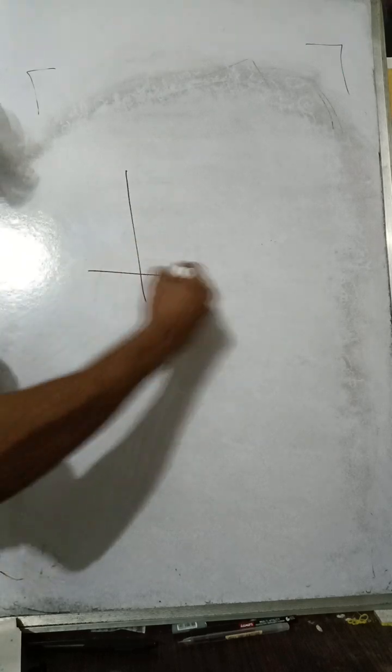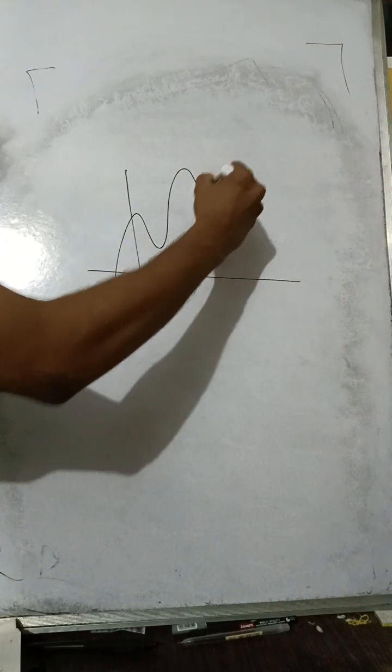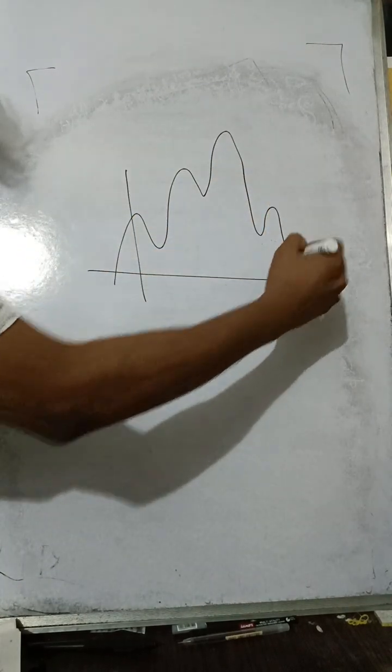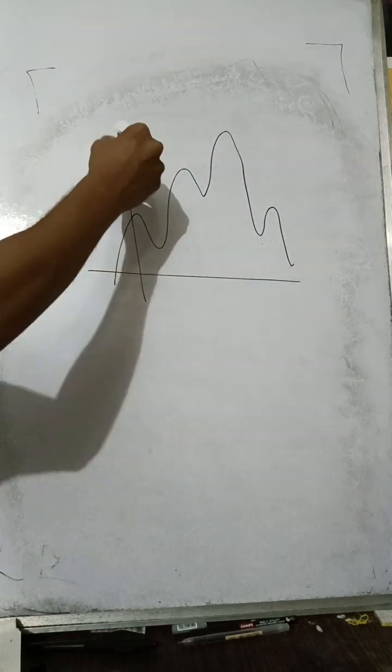So let's start. So this is maxima minima. Suppose we have a function something like this maybe. Okay. Now look at this function.